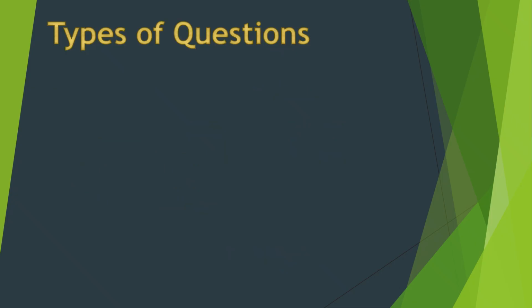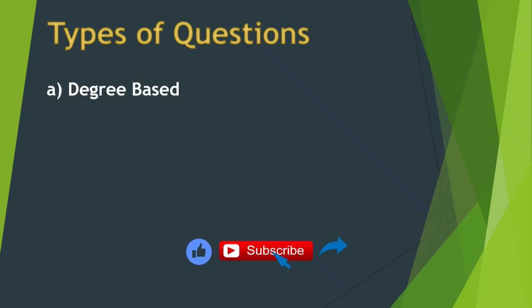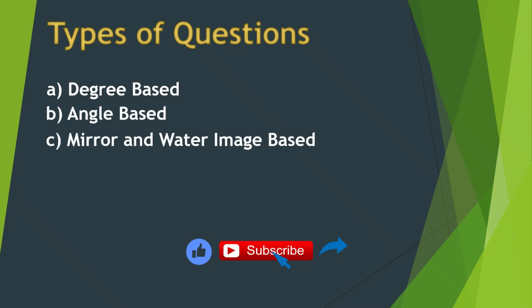Now we will discuss the type of questions asked in the competitive exam based on the topic, the clock. First one is degree based. Second one is angle based. Third one is mirror and water image based.